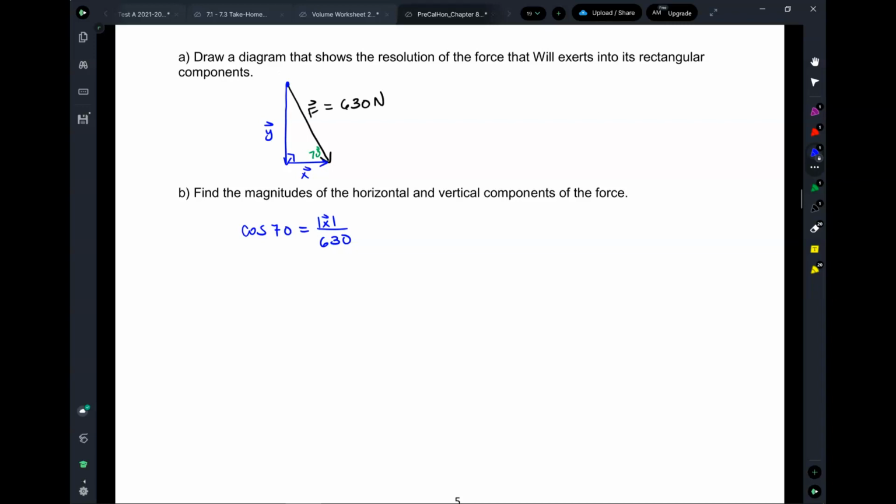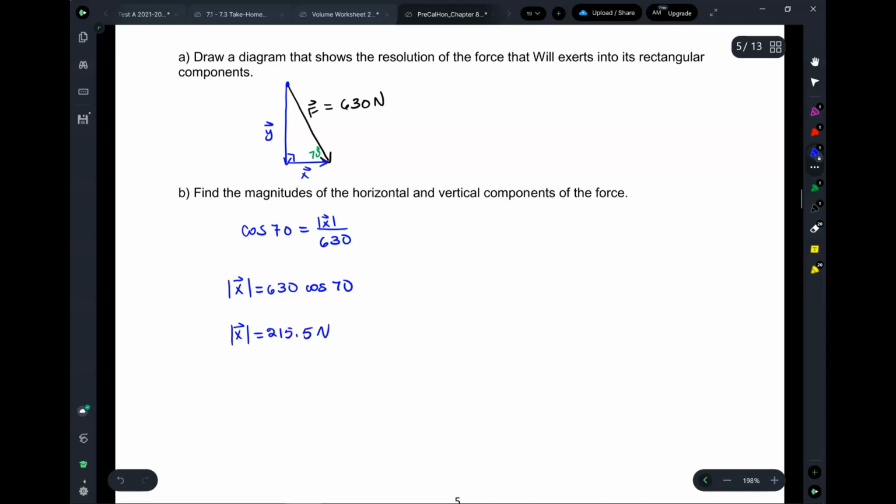Now it's back. So this is the component. I mean, this is the magnitude. So x is, what's x? 630 cosine 70. Okay, go ahead and put it in your calculator. What mode should your calculator be in? Degrees. 70 degrees, yes. Why is it an absolute value?